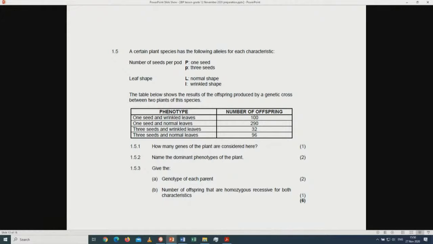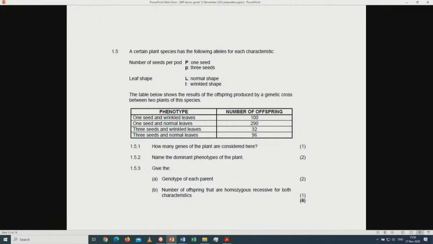Leaf shape, capital L is a normal shape, a small l is wrinkled shape. The table below shows the results of offspring produced by a genetic cross between two plants of this species. Phenotypes are one seed and wrinkled. You are given the information on the table there.